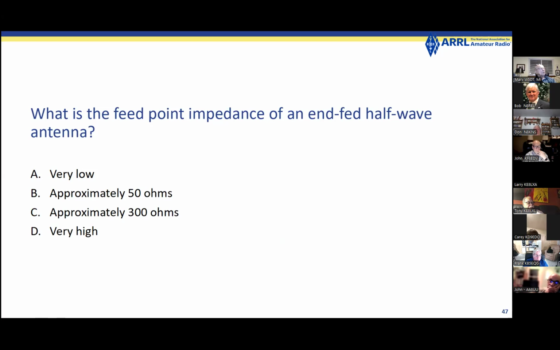Very low, approximately 50 ohms, approximately 300 ohms, or very high? Oh, yeah, that would be D, delta. Yeah, it's very high. Very, very high.